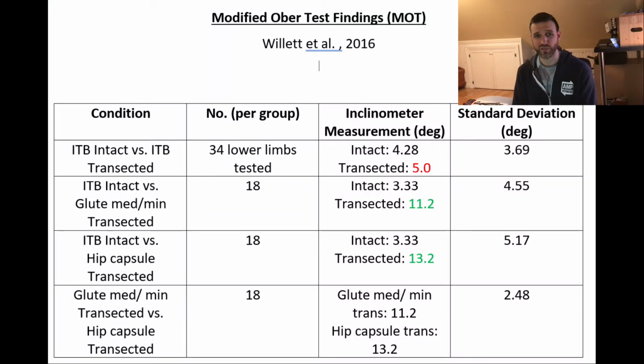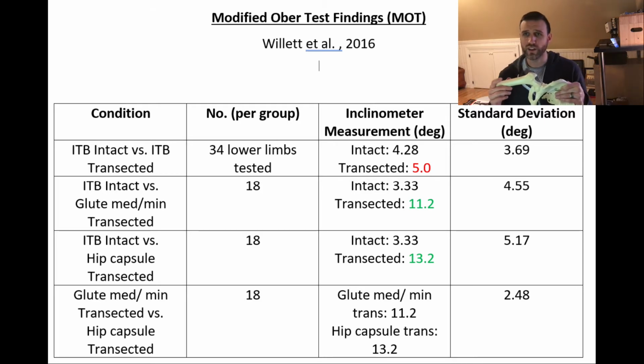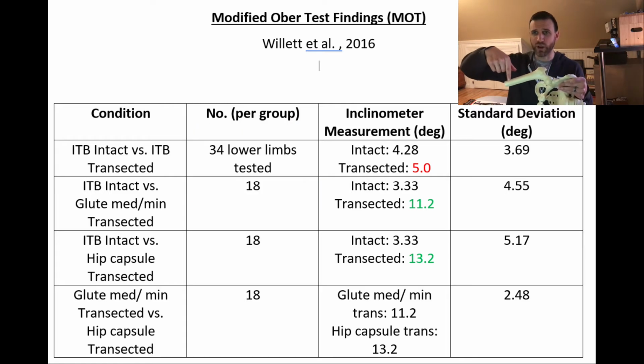Essentially what they found is that there wasn't a very big difference between when they had the cadavers lying on their side and when they cut through the IT band right in the middle of it, and tested to see how much more adduction the cadaver had when they cut the IT band as opposed to when it was fully intact. There essentially was no difference. It was less than a full degree difference when measured from right here of actually dropping down.